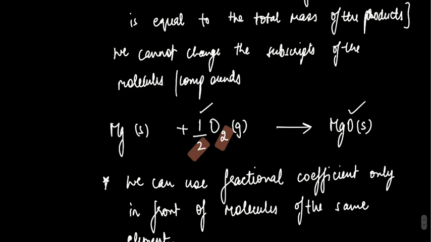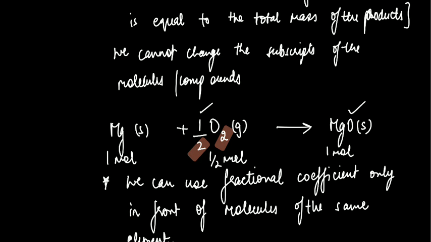So what we are trying to say over here is that 1 mole of magnesium chemically reacts with half mole of oxygen gas to give us 1 mole of magnesium oxide. If you know the coefficients after balancing the chemical reaction, the same coefficients can be used as the number of moles.